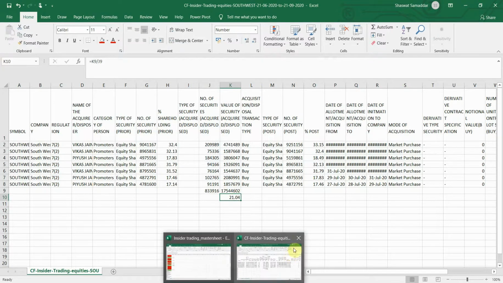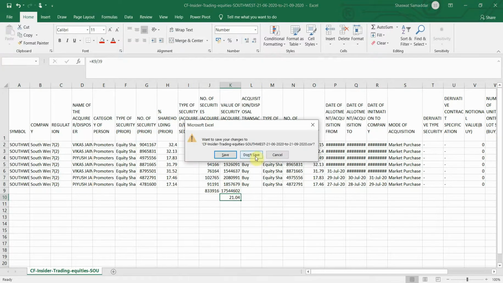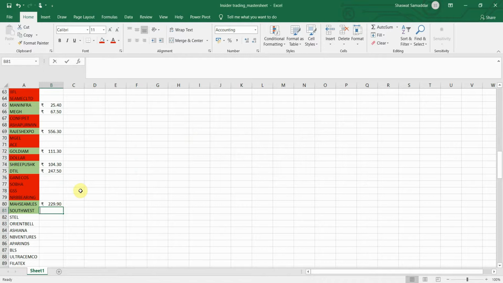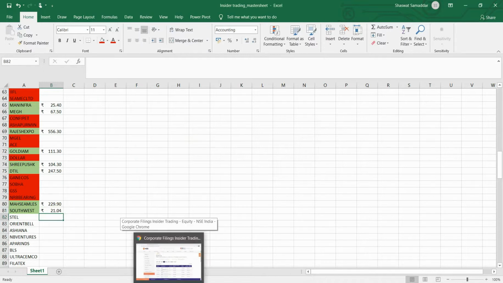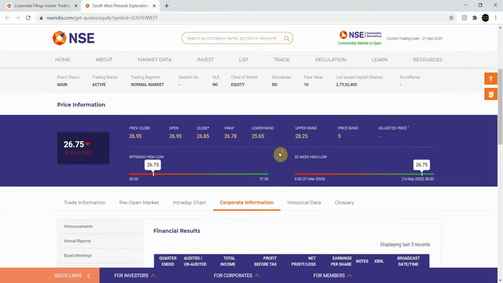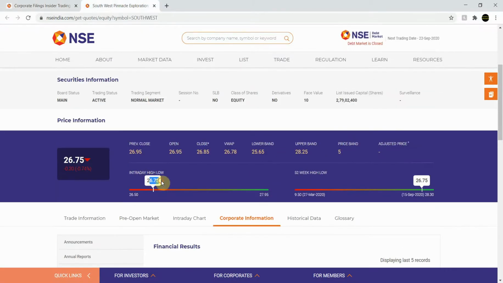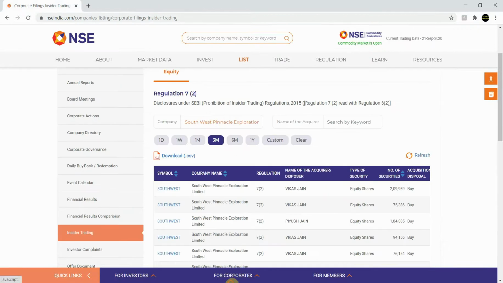The average price comes out to be 21.04. Let me close this file. Now let's check at what price Southwest is currently trading. It's trading at 26.75, so you can easily check whether it falls in the range of plus minus 3%. Let's close this tab.